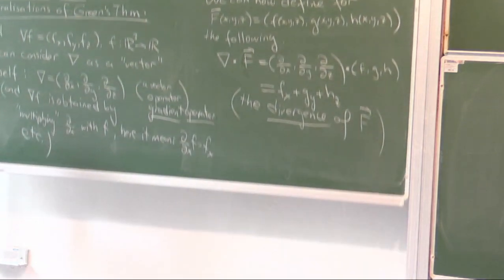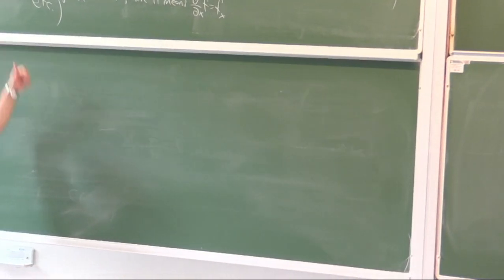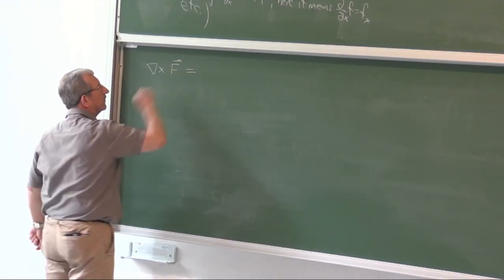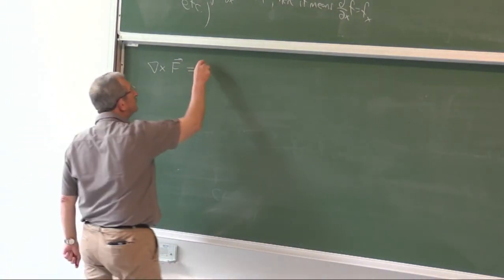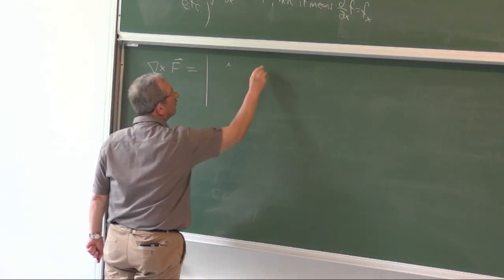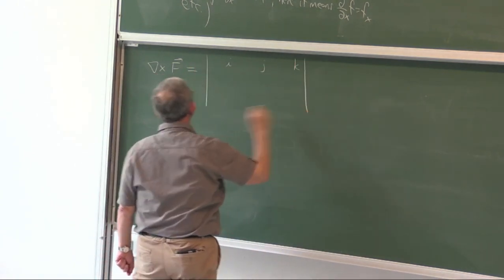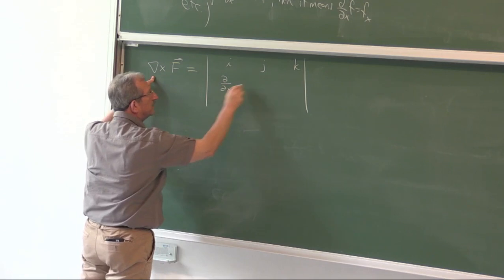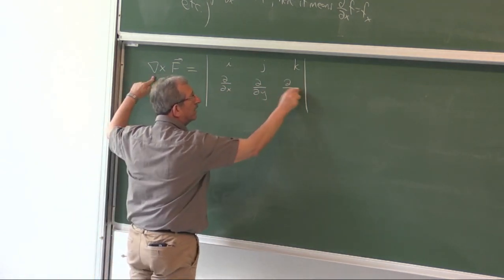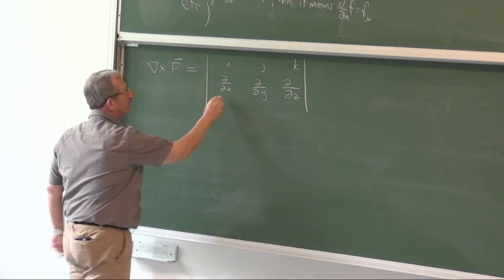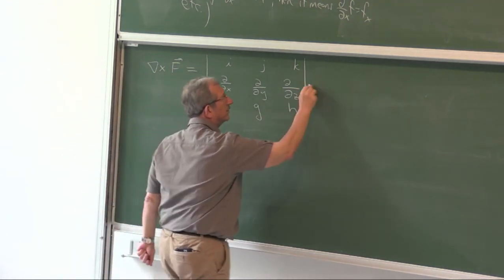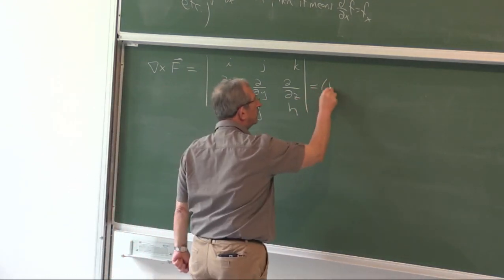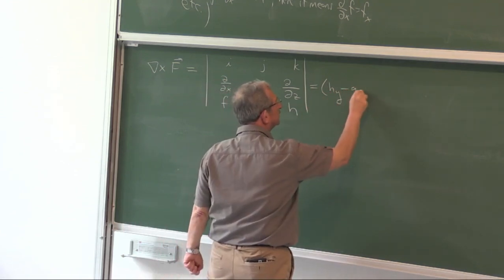Well, if we can take the dot product of two vectors, of course we can take their cross product. So let us consider del cross F. Well, what does this mean? This means the determinant of i, j, k. Now, del was del by del x, del by del y, del by del z, and F was FGH. So the i component will be h sub y minus g sub z.